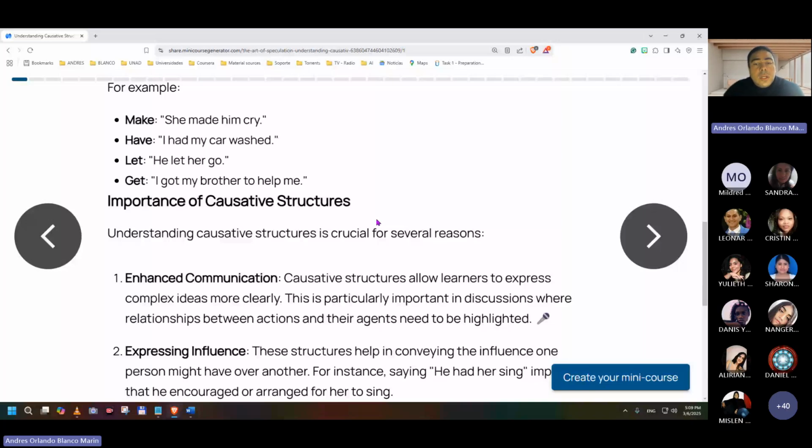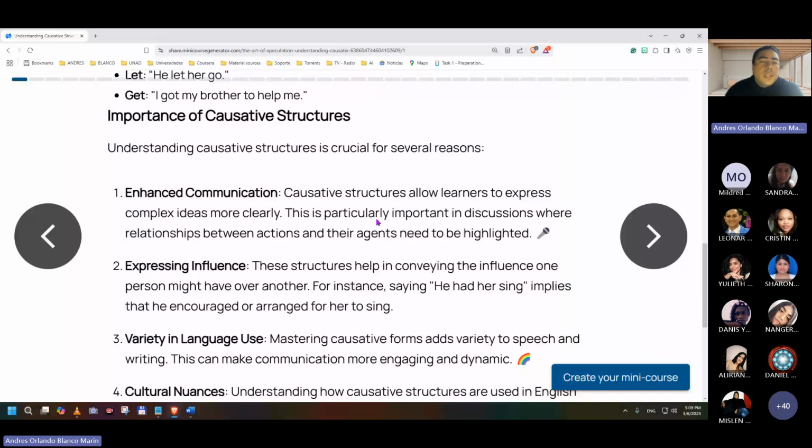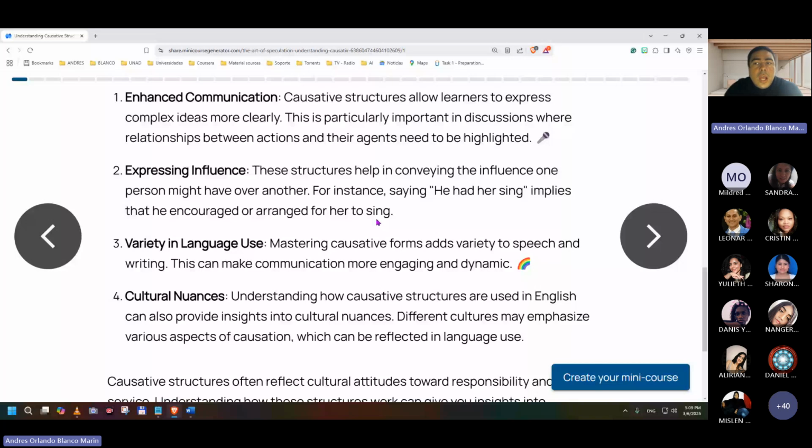Understanding causative structures is crucial for several reasons. Number one, enhanced communication. Causative structures allow learners to express complex ideas more clearly. This is particularly important in discussions where relationship between actions and their agents need to be highlighted.